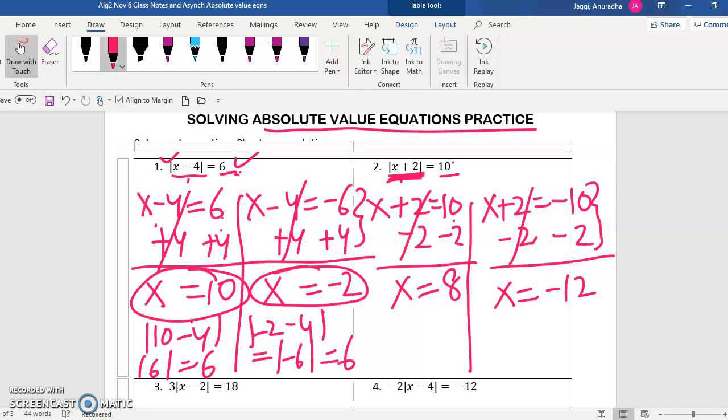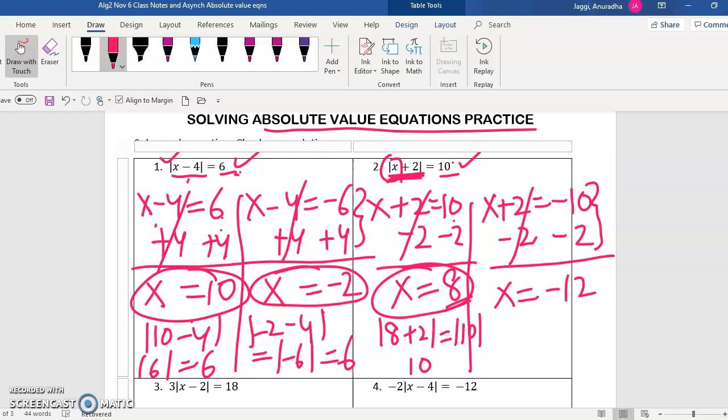Again, I can check my answer. 8, plug in your answer for x. 8 plus 2 is equal to the absolute value of 10, which is equal to 10. So this is right. So x is equal to 8 is one of my answers.